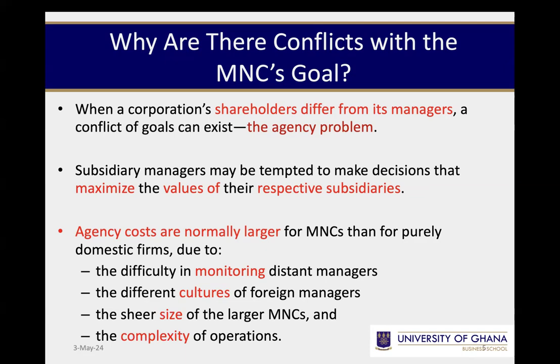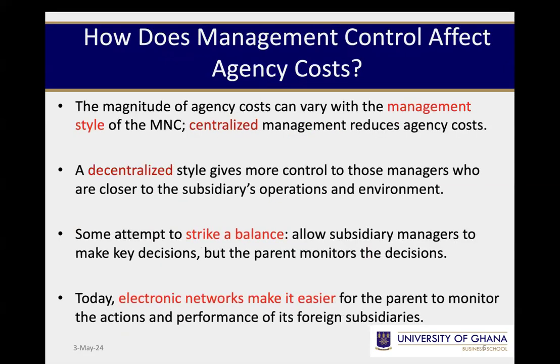So in a sense, the cost that a firm has to incur to be able to get managers to behave in a manner that is consistent with the desires of the shareholders is what constitutes agency costs. Now, in trying to manage the agency costs, multinationals have options with management styles because the magnitude of the agency costs can actually vary with the management style of the multinational.